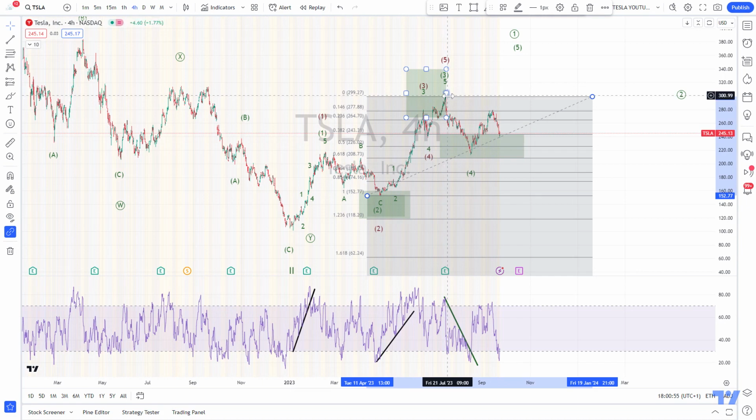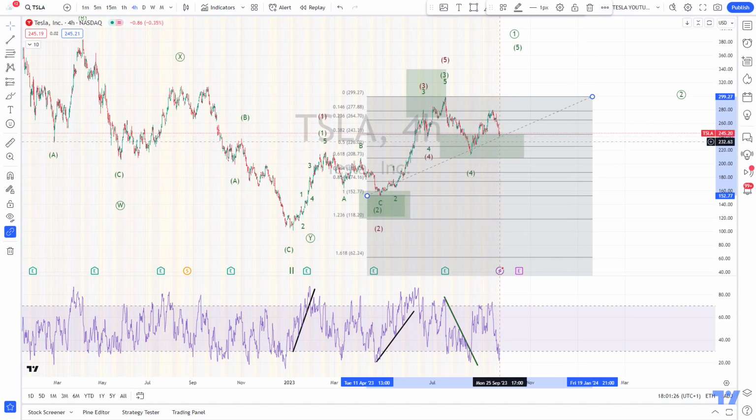And if we take the end of wave 3, then we know that the wave 4 should go here into the area between the 0.146 and the 0.618 FIB retracement. So as you can see, we actually came quite close to this 0.618 FIB retracement level. So therefore, I think that the wave 4 is in.